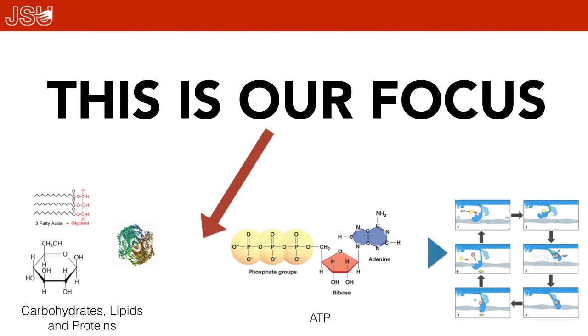We go from the macromolecules here to the ATP form here. Macromolecules have energy, ATP has energy. We can't use the macromolecules for these processes. We have to get them into a particular format we can use. And that's why we do all this.